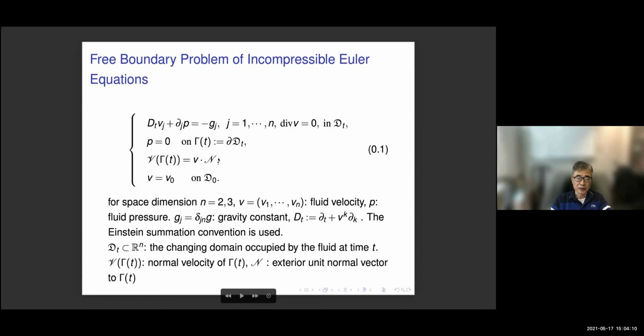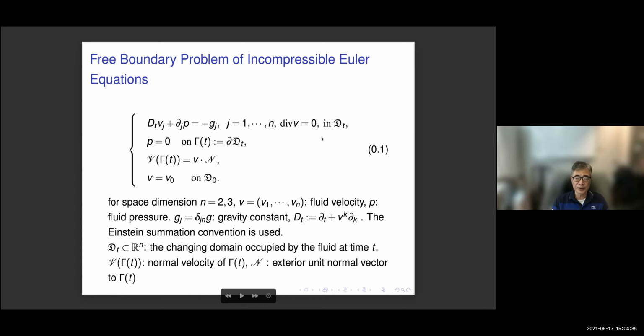This is how the boundary moves. And on the boundary we have pressure equals 0. For example, if you model an incompressible liquid and the outside is air, then take the air pressure to be 0, and we will have this problem here.